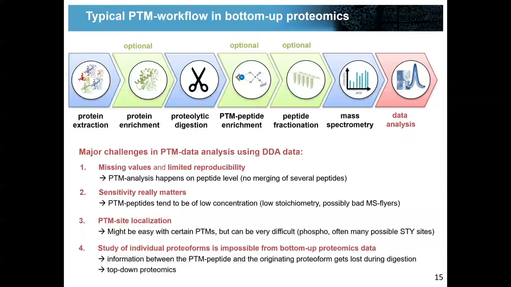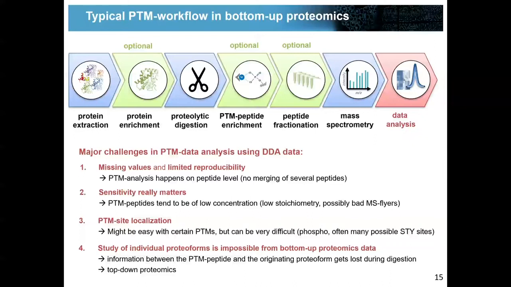Okay, and then there is a fourth challenge, and that comes from this bottom-up approach, because as long as we perform this proteolytic digestion for our analysis, we unfortunately completely lose the information about PTM sites on different peptides on the same protein. So if you have a protein that carries a modification at different peptides, the moment you digest it, the information gets completely lost about where the peptide came from if you have various different proteoforms present in your sample.